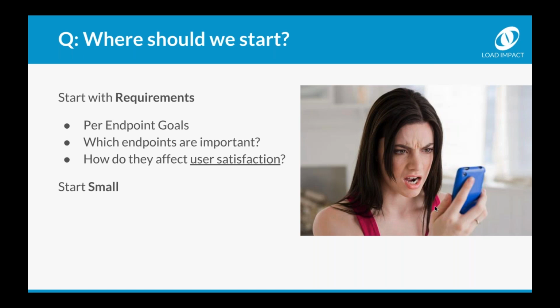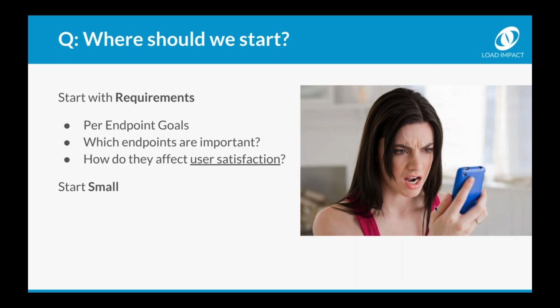So we say that people should just, when they start, they're experts on developing their own app. They probably know which parts of the app, which endpoints, if it's an API-driven app, as in this case, are performance critical and affect the user's satisfaction when they're using the app.